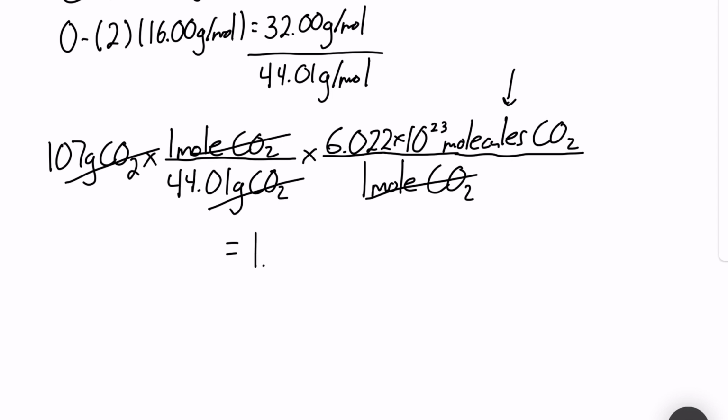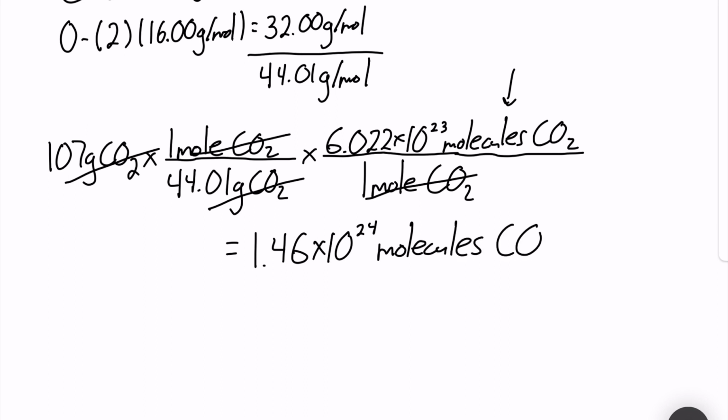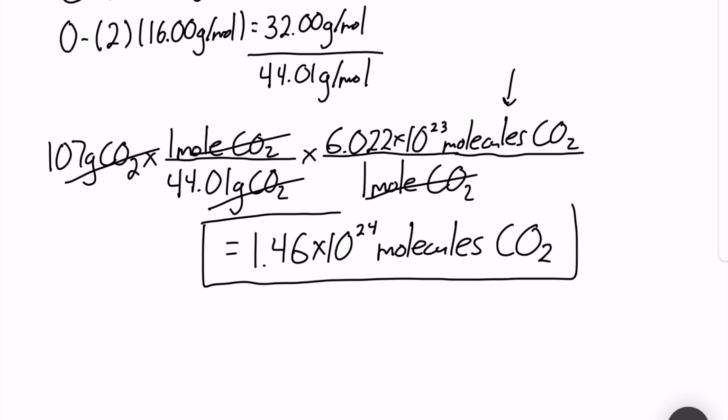So our final answer will be 1.46 times 10 to the 24 molecules of CO2. Okay, so notice it is possible to go from, for instance, mass to number of particles. You will just have to take that extra step, convert to moles first.